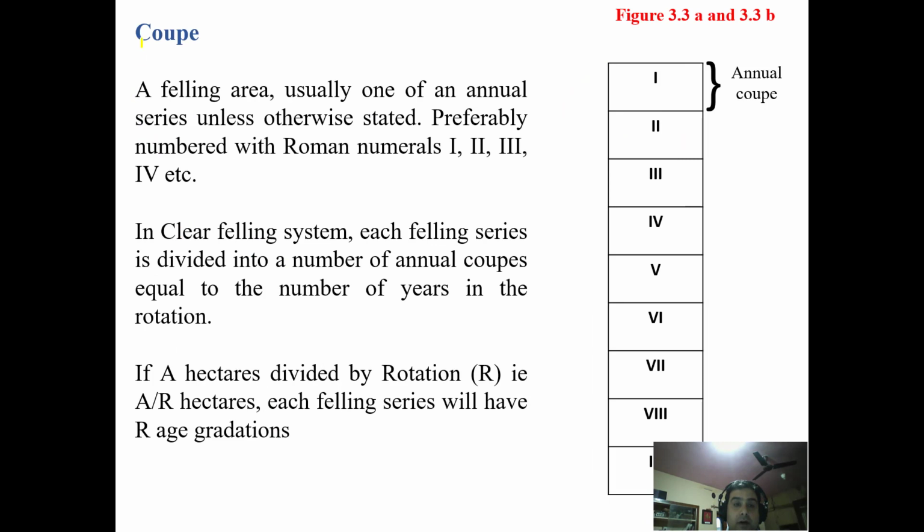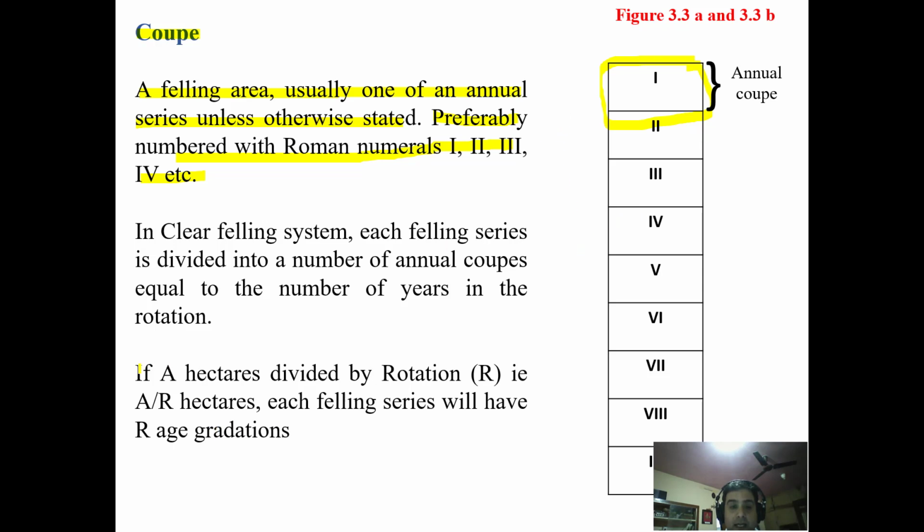Now, we already talked about this coop. This is one coop, which is called the felling area, usually of an annual series unless otherwise stated. It's annual, unless we state it differently, preferably numbered with Roman numerals 1, 2 and 3, as is obviously visible in this diagram.